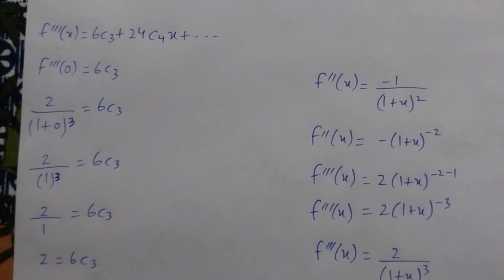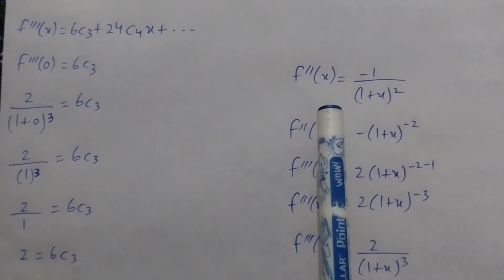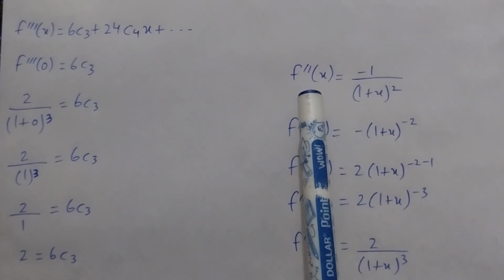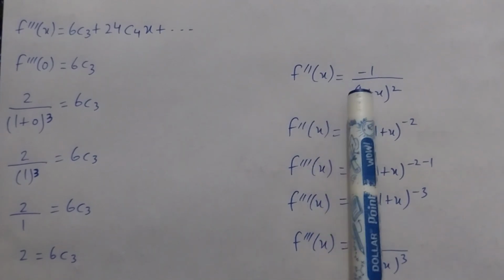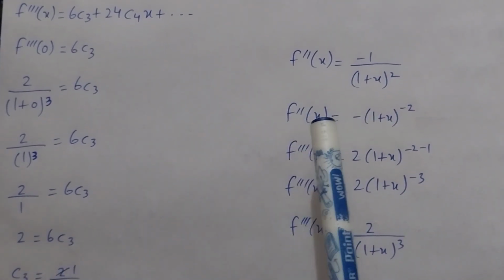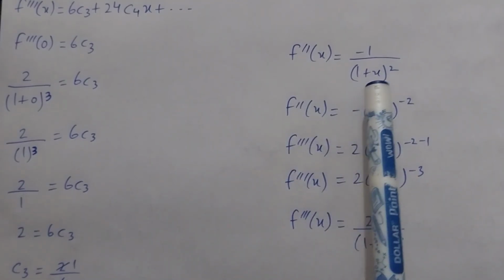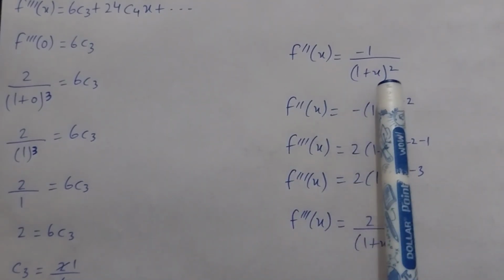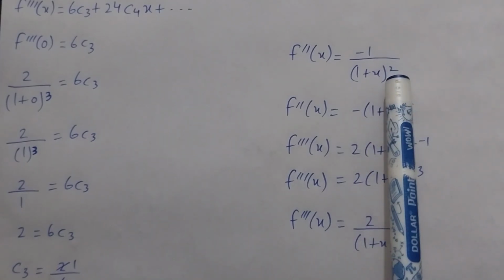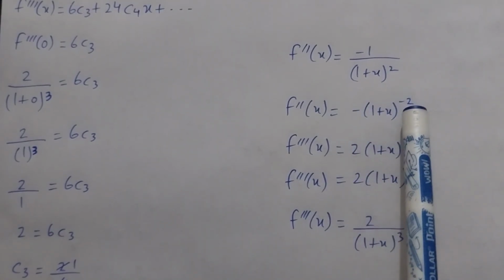So now for that constant we need to take the third derivative, and for that, again, we have the second derivative equal to minus 1 over 1 plus x squared. We can write it as minus 1 times, if we shift this entire thing to the numerator, its power will change sign, so 1 plus x raised to power minus 2.